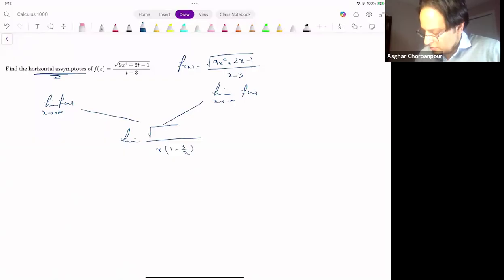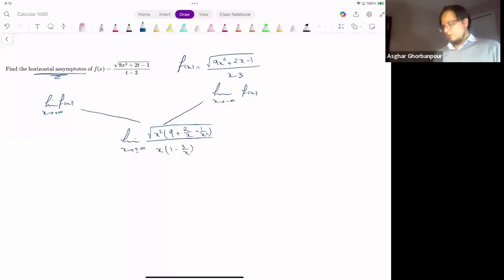In the numerator, you get x squared times 9 plus 2 over x minus 1 over x squared, as x goes to either plus or minus infinity. So far, I'm just factoring out the dominant term, the term with highest power. And it doesn't matter if it is plus infinity or minus infinity.